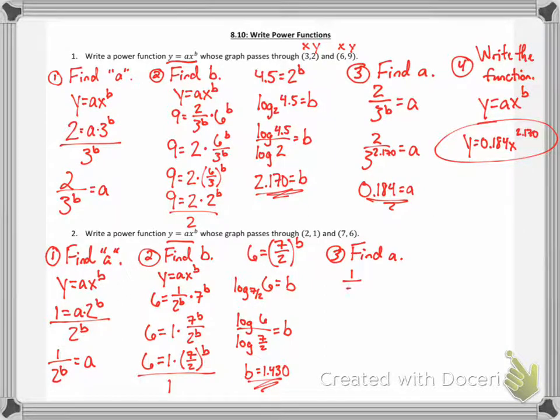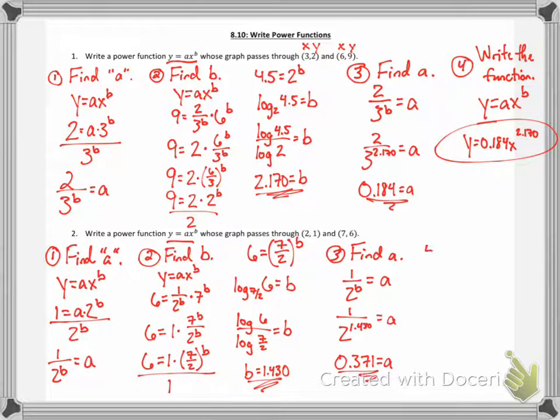So we had 1 over 2 to the b equals a. So 1 over 2 to the 1.430 is equal to a. Again, you're going to punch that in. It's not going to be a very large number. You're going to get 0.371 equals a.